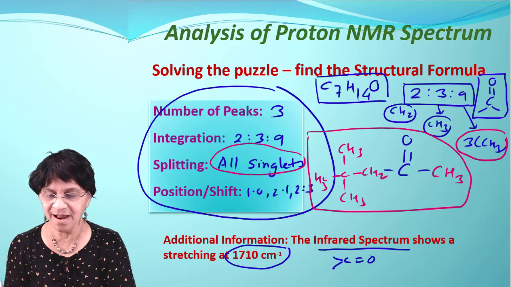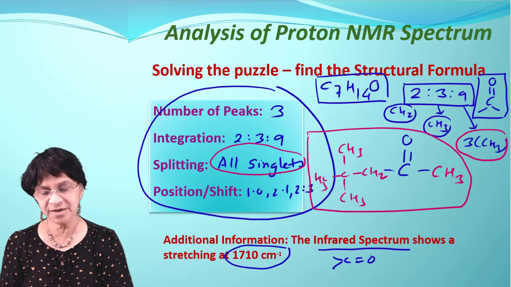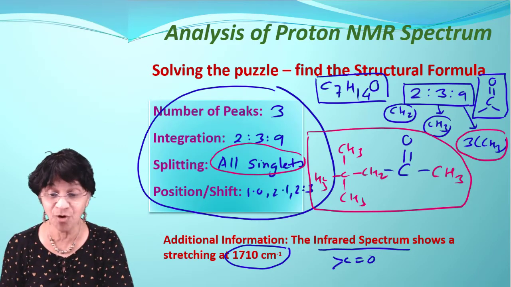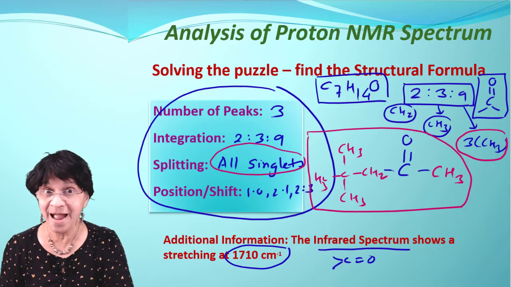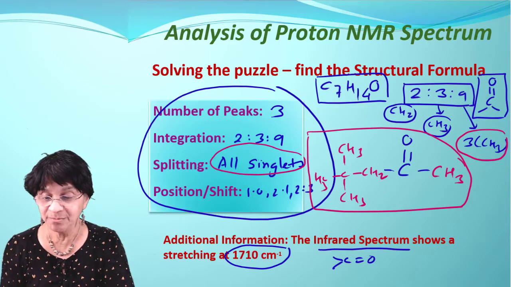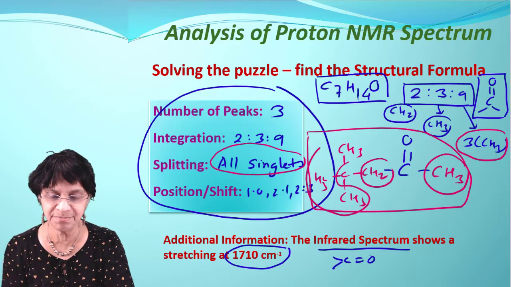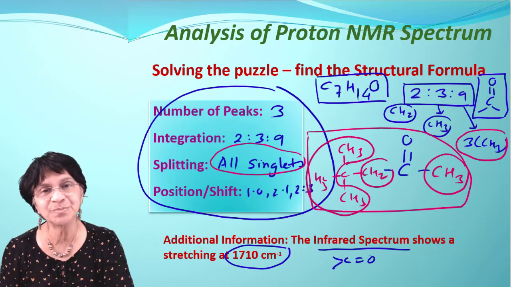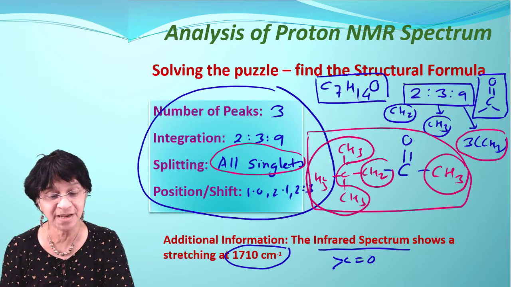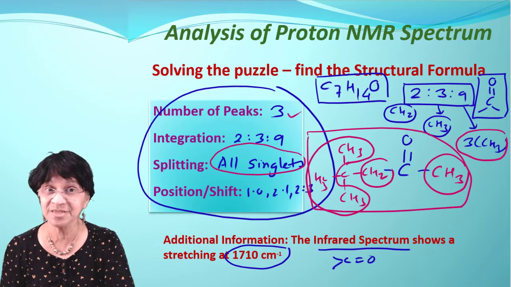Okay, and that one, if you look at the structure, it matches with the molecular formula. It will match with the integration also because that will be 1 peak. This will be our second peak, and all these methyl groups, hydrogen protons, will give 1 peak. So we are going to get 3 peaks with this structure.